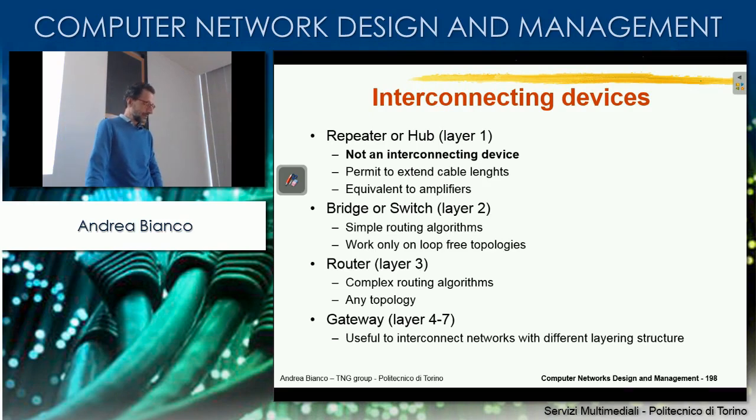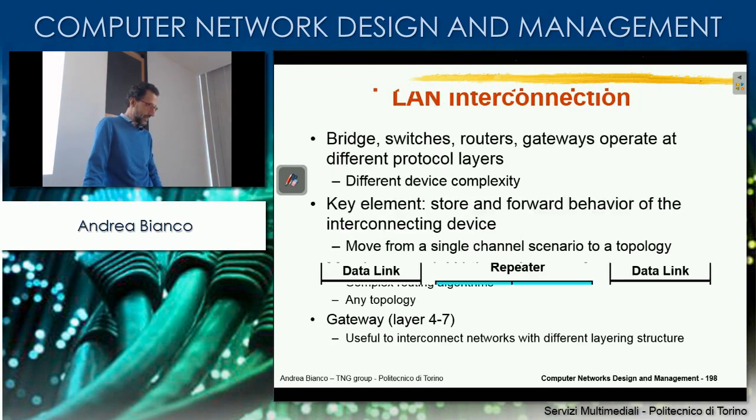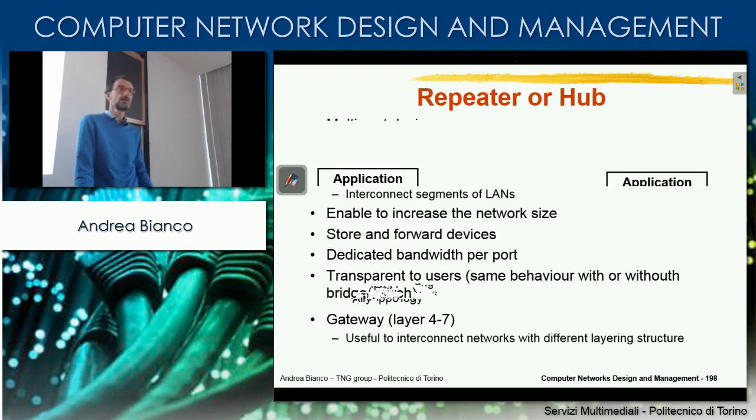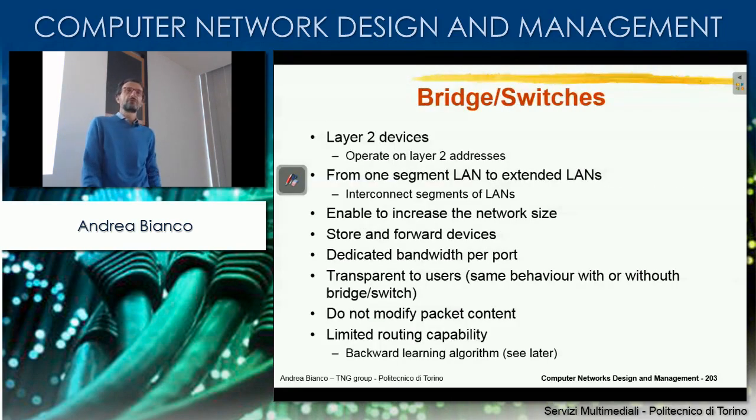There was just one last small part that we have to end up, which is how bridges and switches work exactly. And remember, we have to put switches and bridges in a completely transparent way with respect to the user behavior.